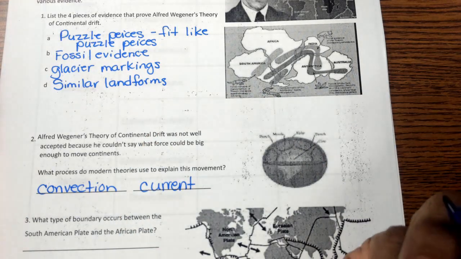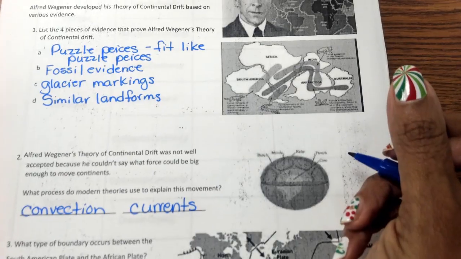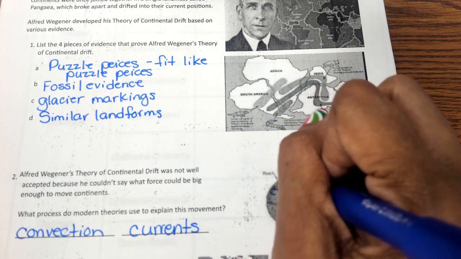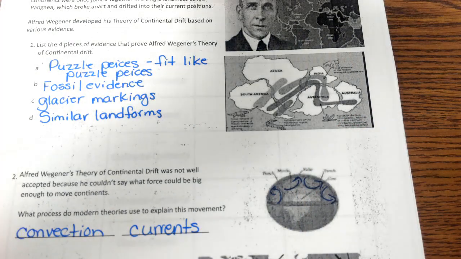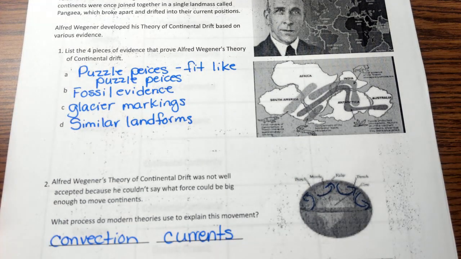Okay, so convection currents in the mantle, which is shown in this picture, these little circles. That was what was discovered that moves the continents, is the convection currents.